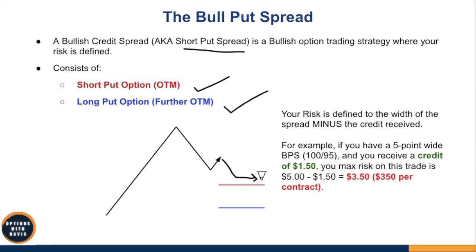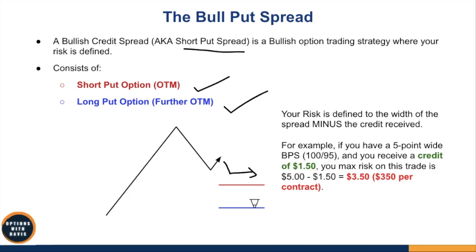You'll make the full amount which you received when you first placed the trade. But if you put on the at the money bull put spread, let's say your short strike is here, then guess what? You're going to be in a loss at expiration if it closes below your short put strike. That is the reason why I like to place the short put strike of this bull put spread out of the money.